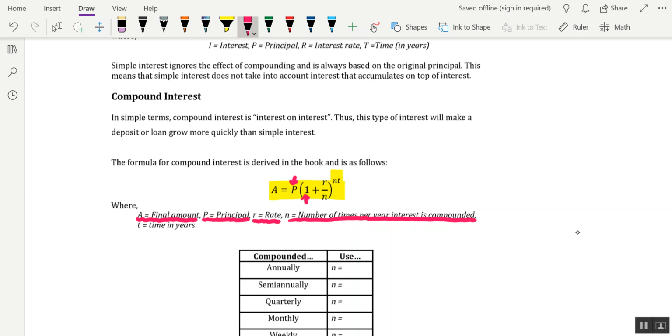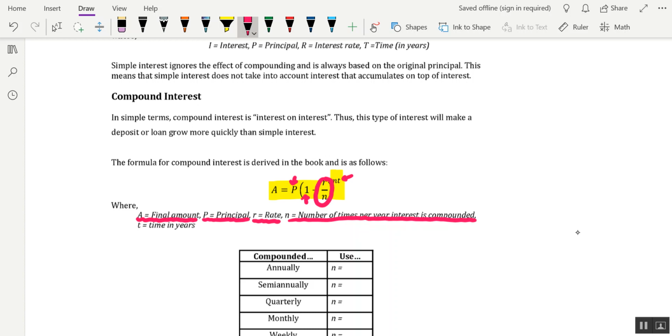And then what the R over N represents is the actual rate that's being charged on the account each time the interest is calculated throughout the year. So in that introductory example, we had an interest rate of 8%, but since it was being compounded quarterly, each time interest was being charged, it wasn't being charged at 8%, but rather at 2%.